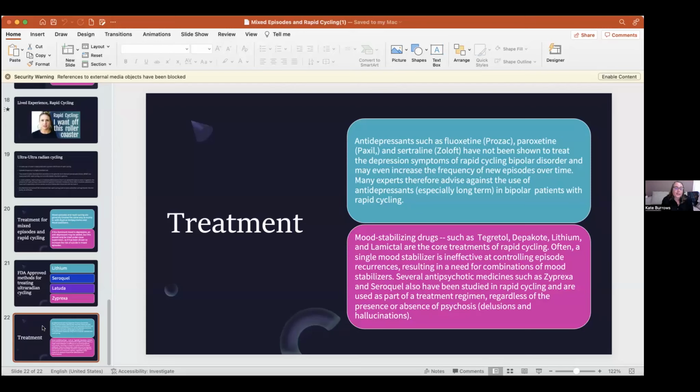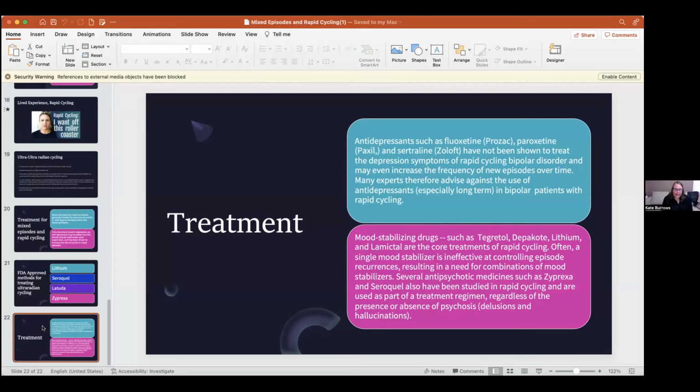So many experts advise against the use of long-term antidepressants especially in bipolar patients with rapid cycling. And then we talked about the mood stabilizing drugs, which are lithium plus the anti-seizure meds, such as Tegretol, Depakote, Lamictal, and Trileptal. They're the core treatments of rapid cycling, as well as the core treatments for bipolar disorder in terms of a mood stabilizer.